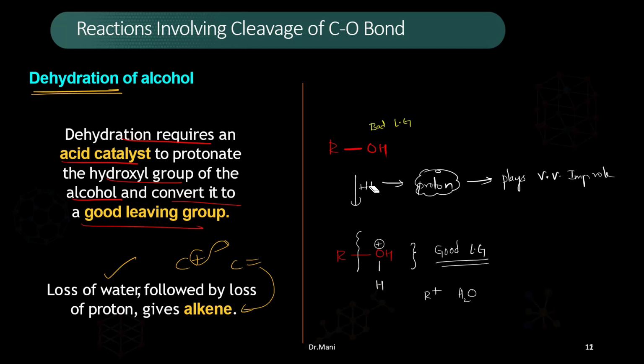First, you need to add the proton. Once the proton is added, it will turn out to be a good leaving group, so this good leaving group will leave. That is the second thing. And the third thing is, once the water molecule has left, it will turn into a positive charge. This positive charge will be removed by making the double bond, forming the alkene. That's the third. So this is called the dehydration of alcohols. Any doubts how this mechanism is happening?